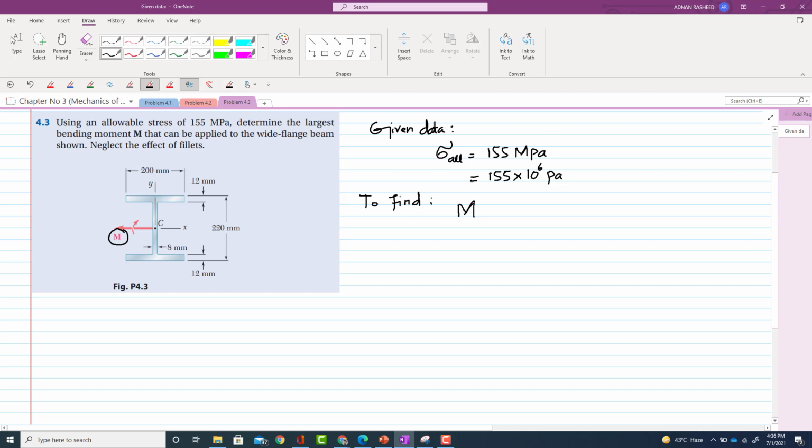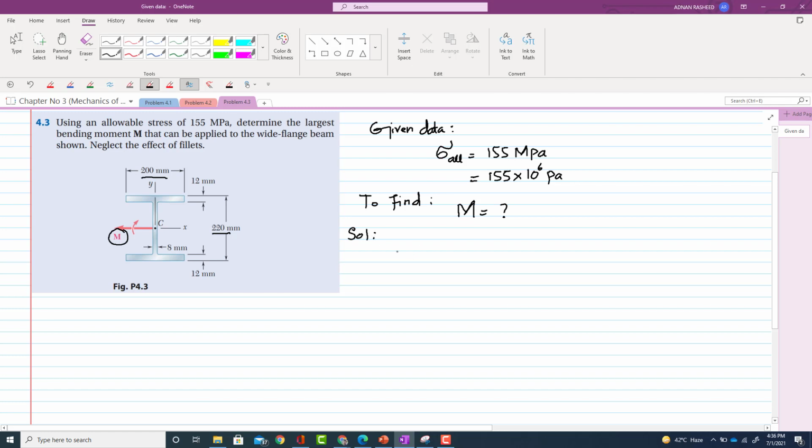You have to find this moment M applied to this flange. As you can see, this is the wide flange having a flange width of 200 millimeter, the height of this beam is 220 millimeter, the thickness of this flange is 12 mm while the thickness of the web is 8 mm. So let's start with its solution.